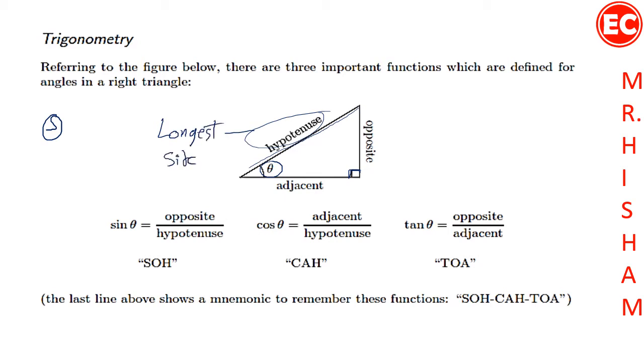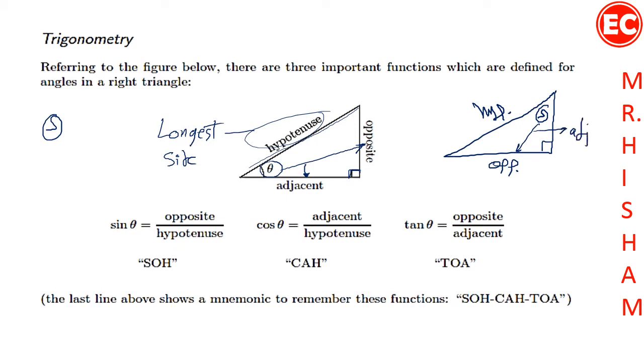So always the longest is the hypotenuse. The side at the front of theta, we call opposite. The side adjacent to it, we call adjacent. Notice that if we draw the same triangle, the hypotenuse will not change its place. But if we change the place of theta, this side will be opposite and that side will be adjacent in this case.